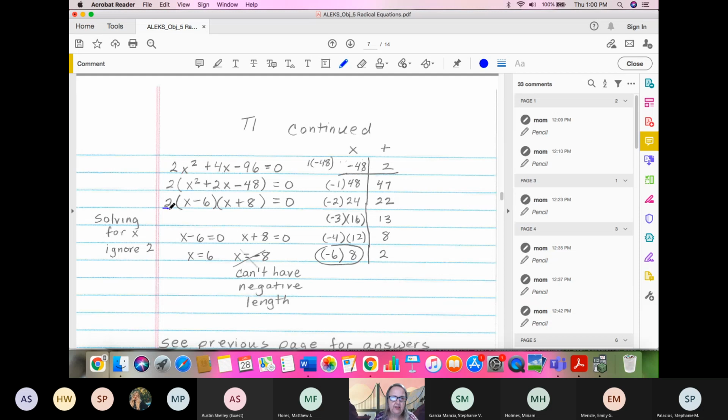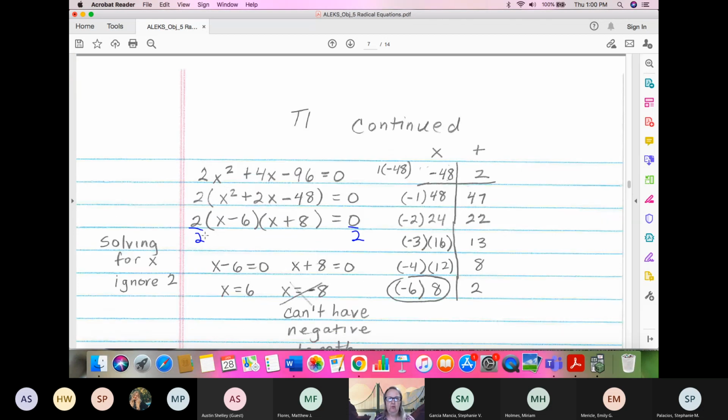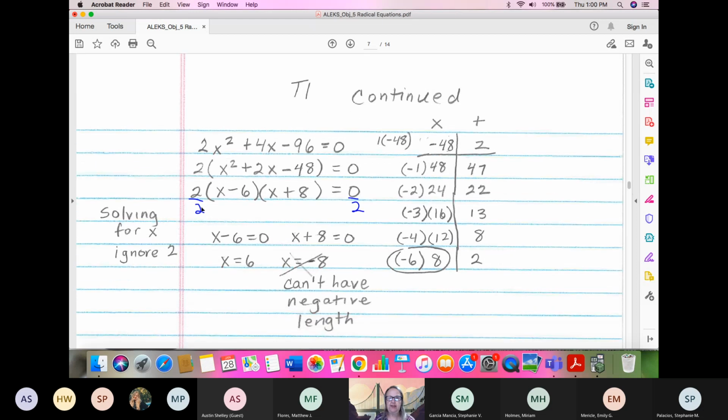So we could divide this by 2, and we're going to divide this by 2. 2 divided by 2 is 1. 1 times what's left is what's left, which is x minus 6 times x plus 8. So these are going to cancel.